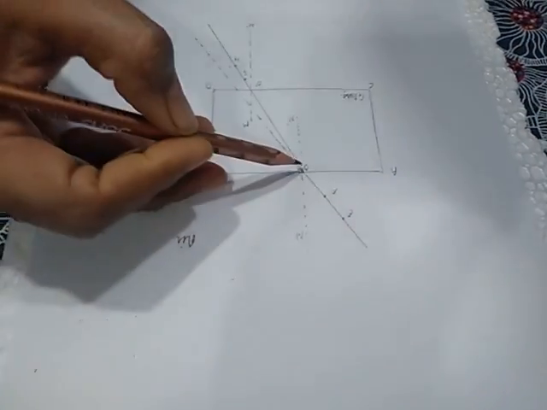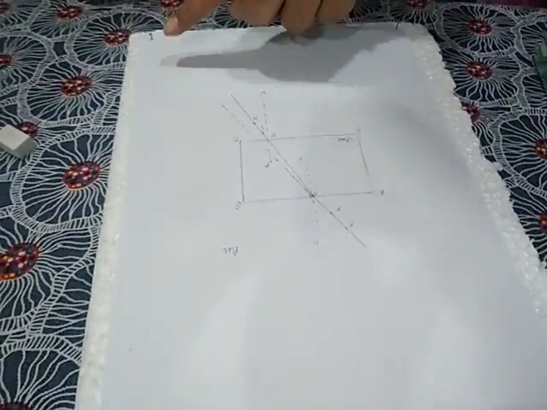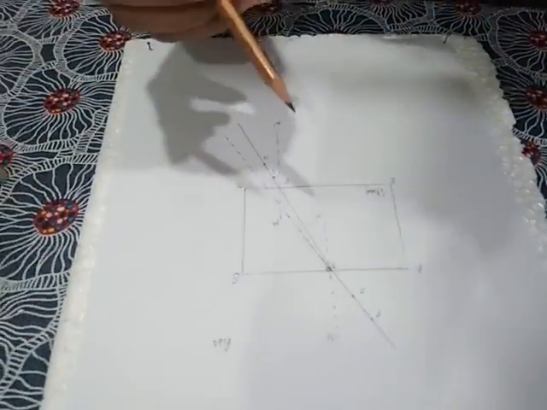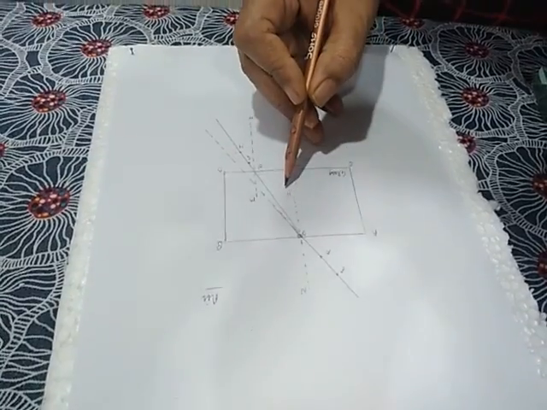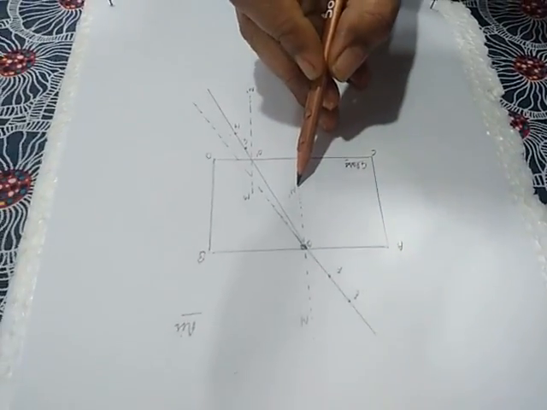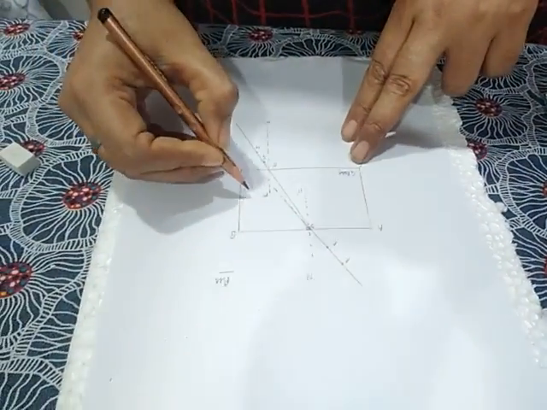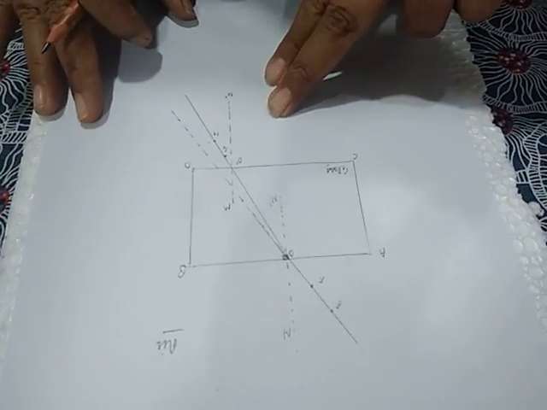This is the path of the light. When light travels from the air to the denser medium, it bends towards the normal. Understand? Now if light travels from the denser to the rare medium, it goes away from the normal.